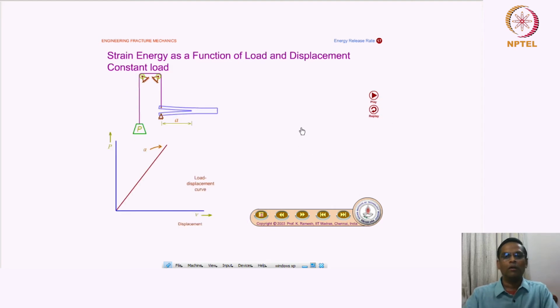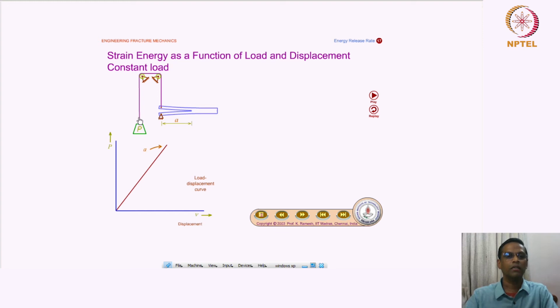So what are we seeing in this slide? We are going to see strain energy as a function of load and displacement, like we said in the previous slide. The first experiment is at constant load. This is a double cantilever specimen, in which one lever is fixed on the grips, and which has the crack length a.